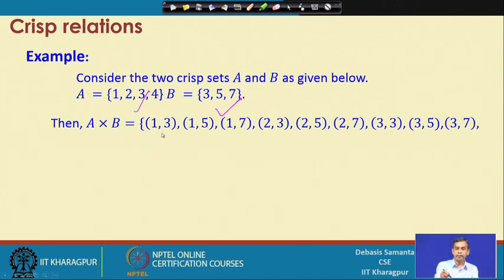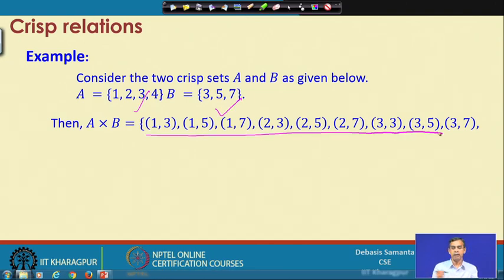It is shown here. For example, 1, 3, then 1, 5, 1, 7, then 2, 3, 2, 5, 2, 7, 3, 3, 3, 5, 3, 7 and so on. These are the different elements which belong to the Cartesian product of the two sets A and B.